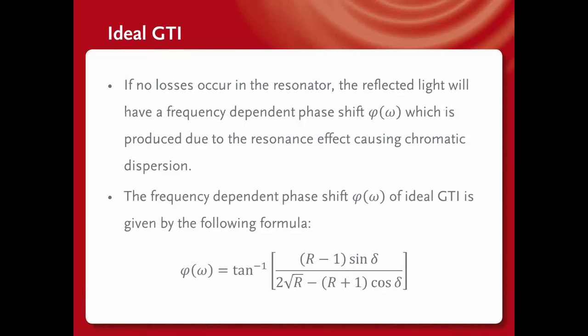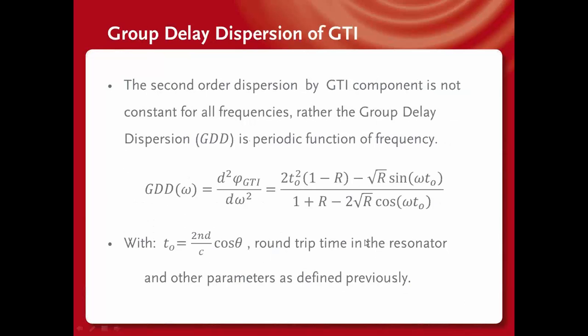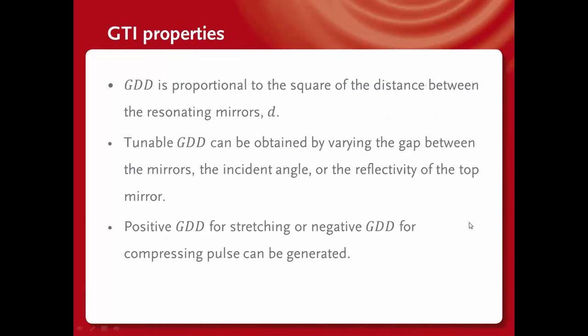Again, we use an idealized model, and if you do so, then the frequency-dependent phase shift of an idealized GTI is given by this formula, and also the second order dispersion, so the group delay dispersion, turns out to be a periodic function which is given by the following equation. That means that if we vary the gap between the mirrors or the incident angle or the reflectivity of the top mirror, we can tune the group delay dispersion of the GTI.